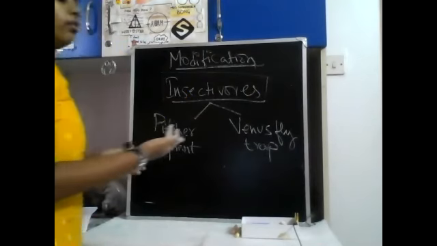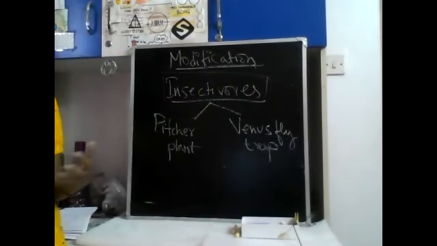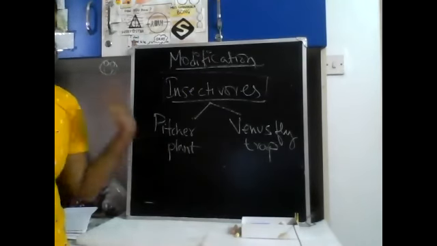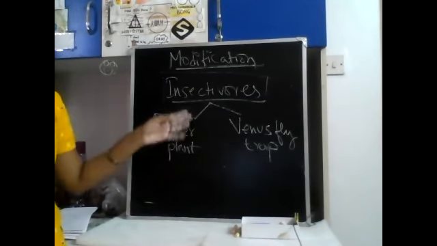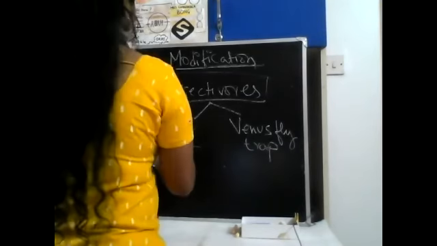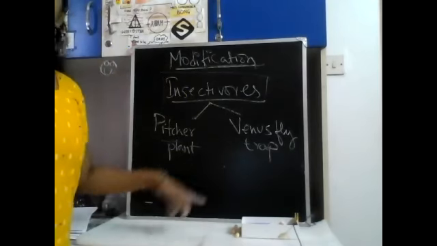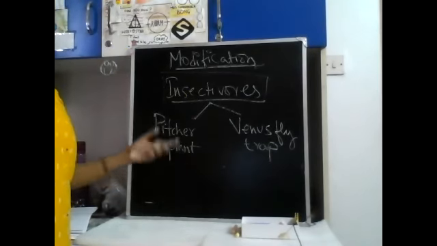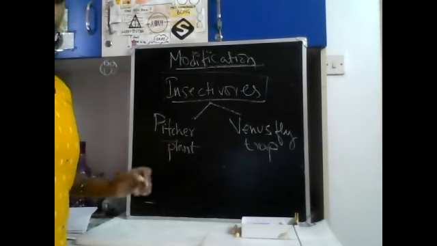So rather than taking part mostly in photosynthesis, they majorly take most nutrients from the insects that they eat. And one of the main modifications in insectivorous plants can be seen in leaves where pitcher plant and Venus flytrap have special modifications.